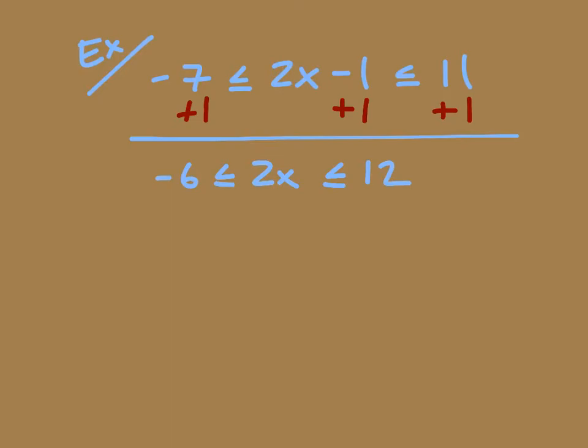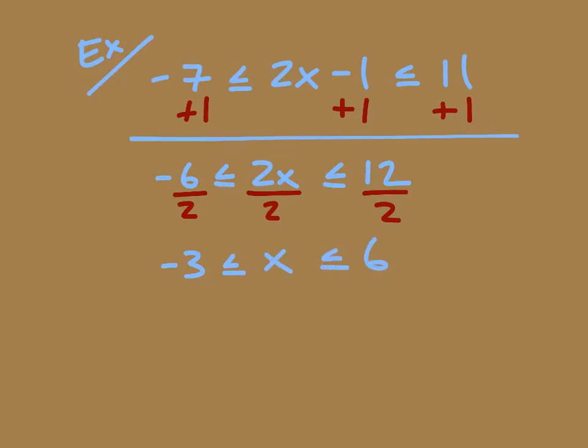From here, I divide all three parts by 2. So you end up getting -6 divided by 2 is -3, is less than or equal to x, which is less than or equal to 6.